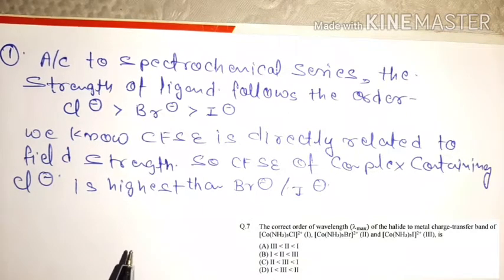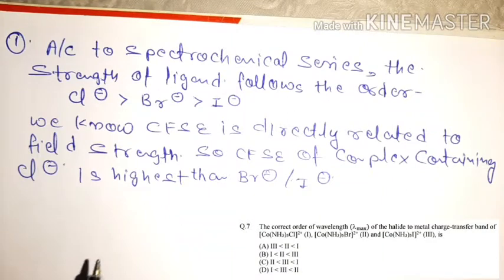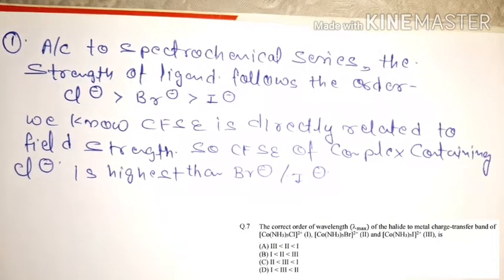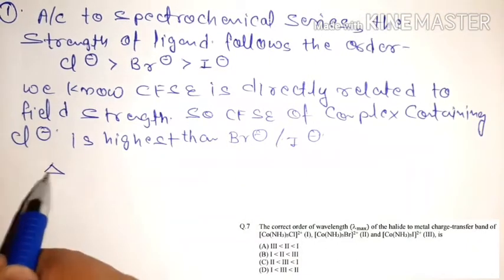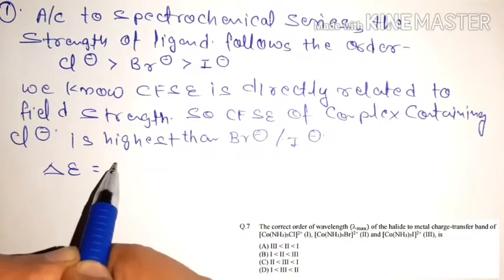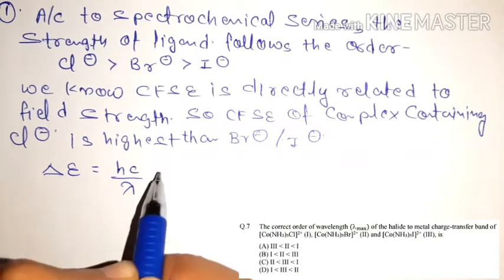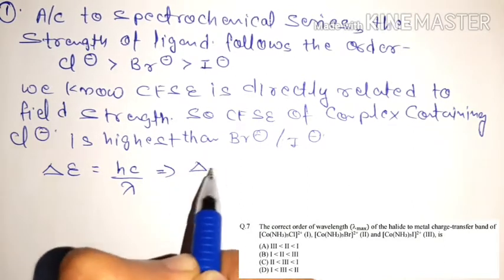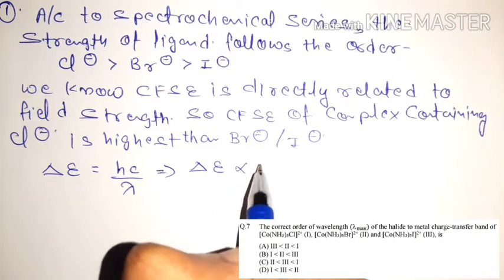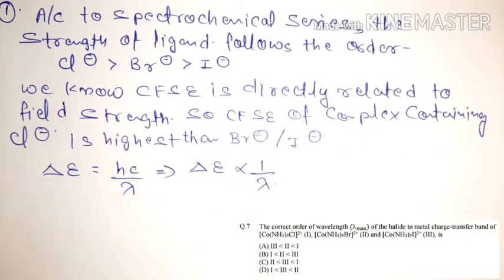Understand? So first we found the relation between ligand field strength and CFSE. Now we know that the relationship between energy and wavelength is given by delta E equals hc upon lambda. So from this relation we can conclude that energy difference is inversely proportional to wavelength. It means when there is a high value of energy, the value of wavelength will be lower.